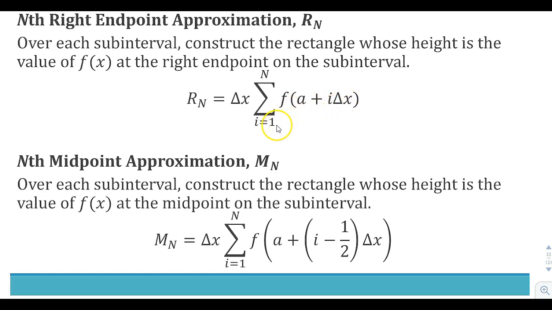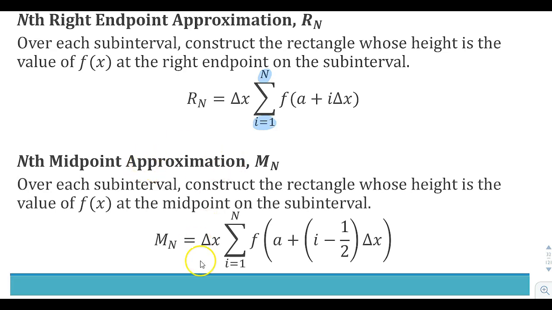What makes it a right endpoint approximation is our indexing values. For a right-hand approximation, we start at 1 instead of 0, and we end at n instead of n minus 1, because we skip over 0, we skip over a, that leftmost point. We need to just jump to the right endpoint over the first subinterval.